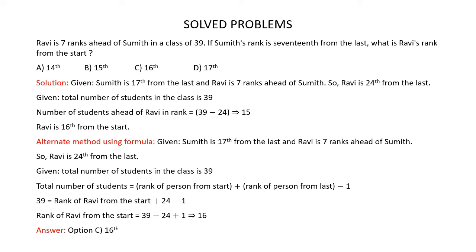Substituting these values in the formula we get 39 is equal to rank of Ravi from the start plus 24 minus 1. So rank of Ravi from the start is equal to 39 minus 24 plus 1, which is 16. So Ravi's rank from the start is 16th. So the correct answer is option C, 16th.